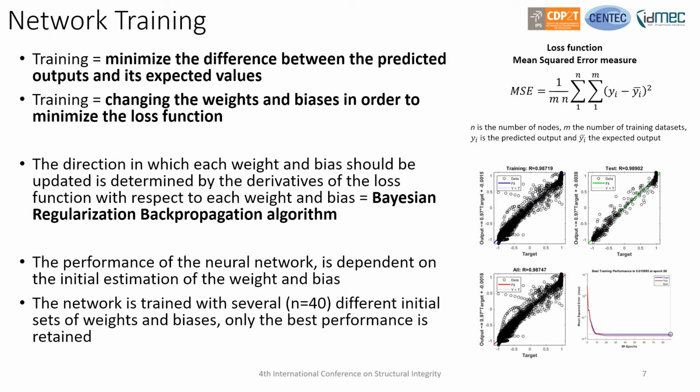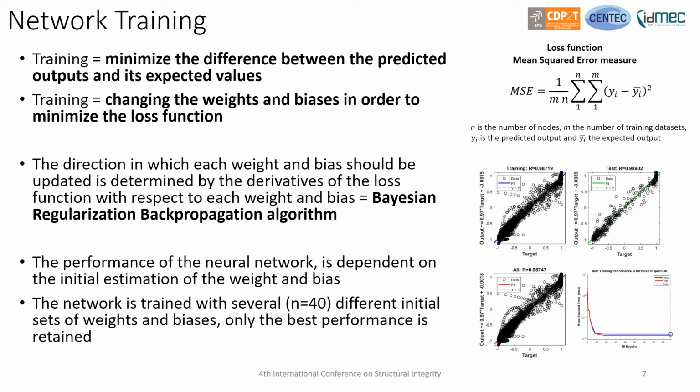Finally, training the network is to minimize the difference between the predicted outputs and the expected values. This is done by changing the weights and biases in order to minimize the loss function, which can be the mean square error measurement, for instance. In order to minimize these differences, the direction in which each weight and bias is updated should be calculated by the derivatives of the loss function with respect to each weight and bias, and this can be done by the Bayesian regularization backpropagation algorithm.